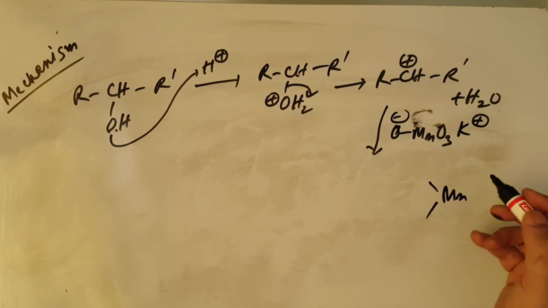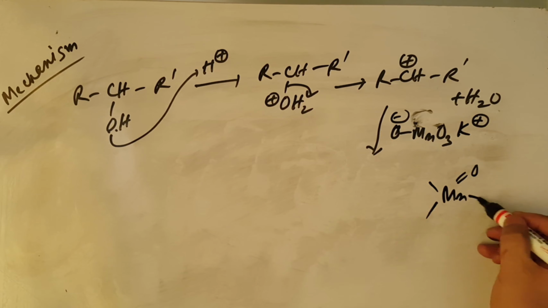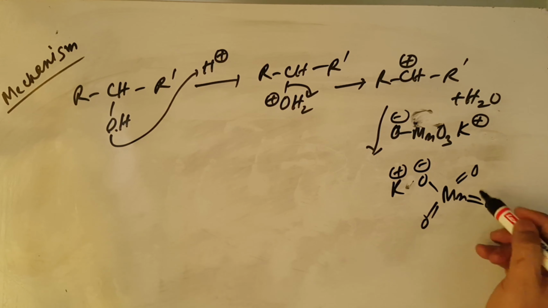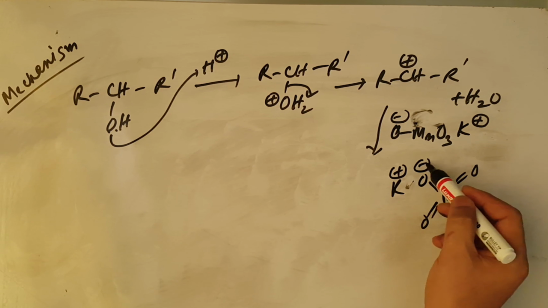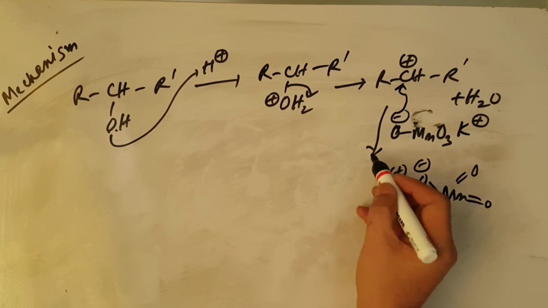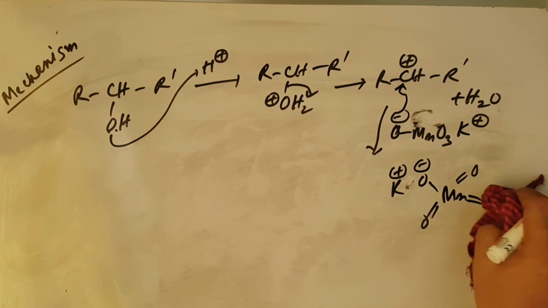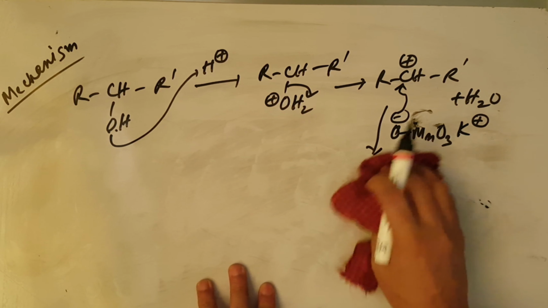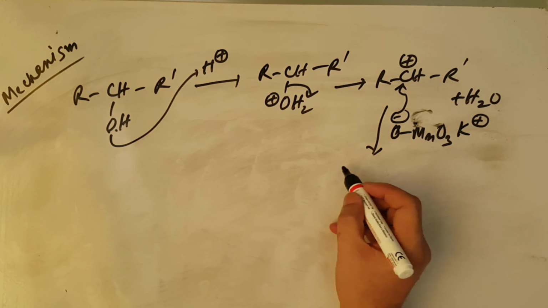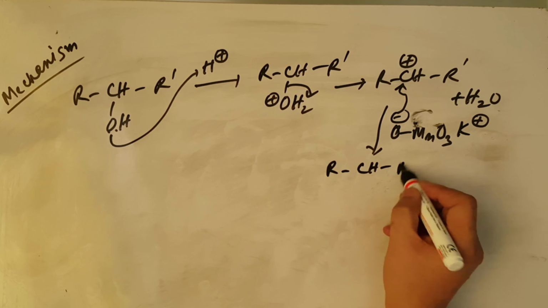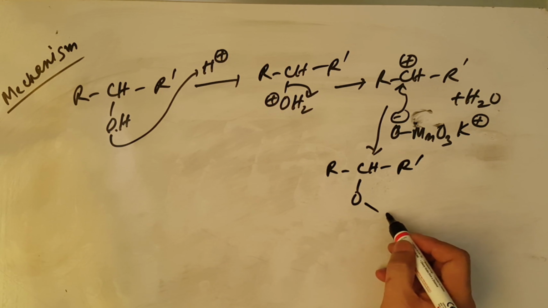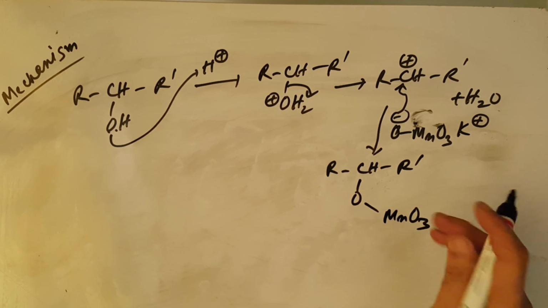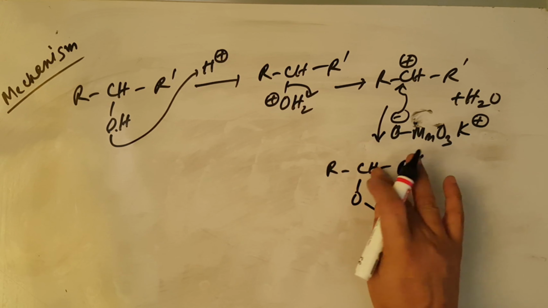This is potassium permanganate, and the negative charge attacks here. The first step is formation of this intermediate, the MnO3 species, like this. So this is the first step.